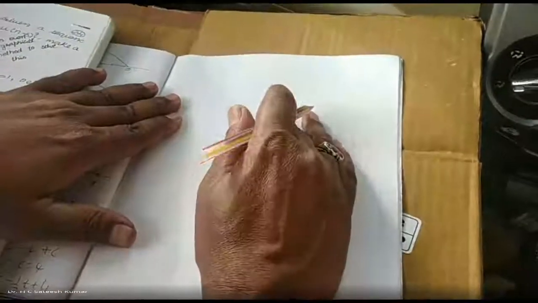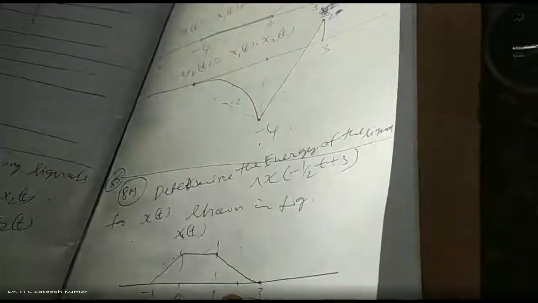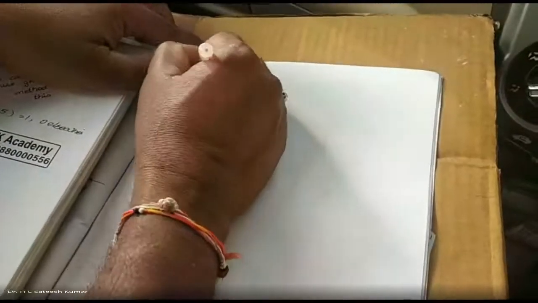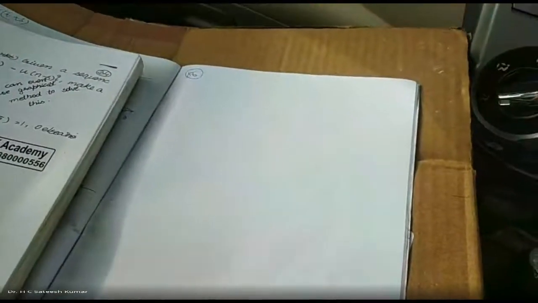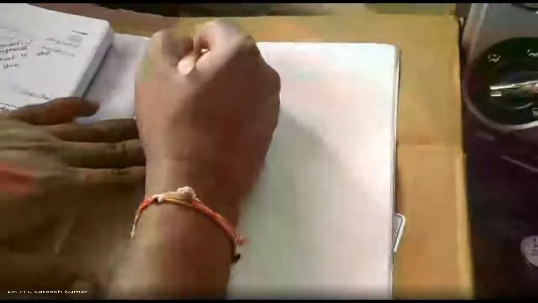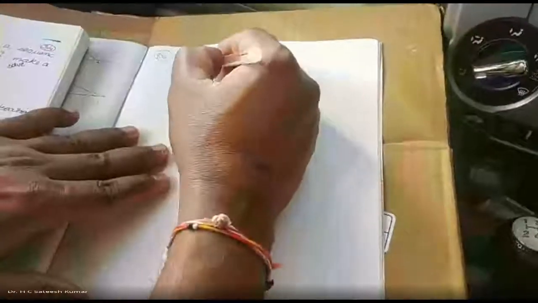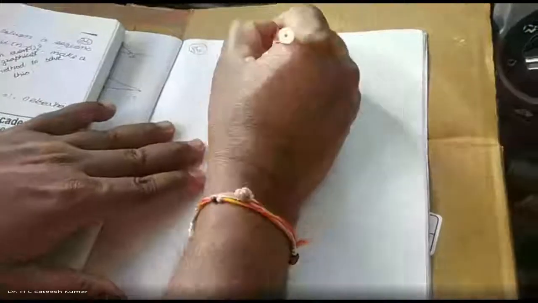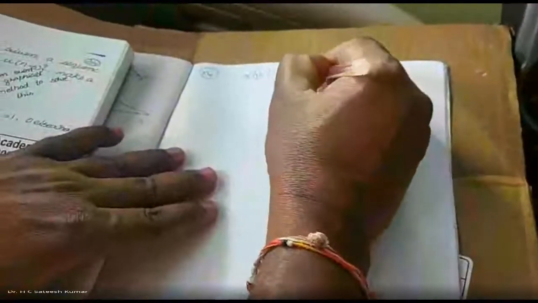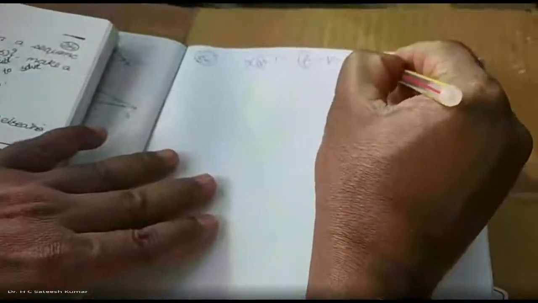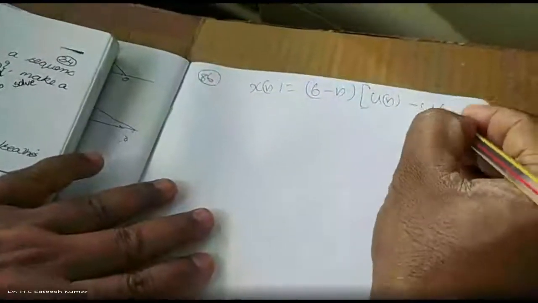Right. Now let us go for one more examination problem, which is discrete in nature. Problem number 86. Given x of n is equal to (6 minus n) into u of n minus u of n minus 6.